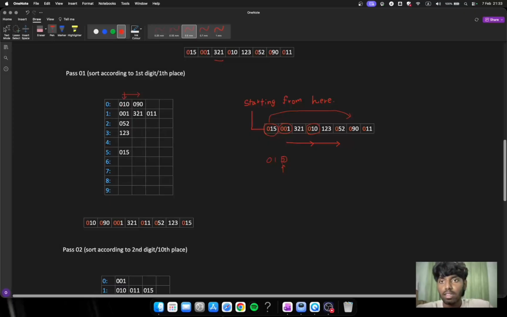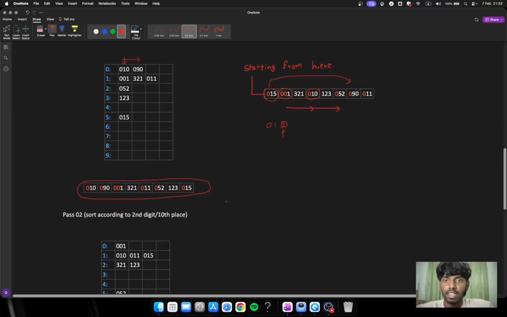Likewise we are adding these values to this array. So the 10 goes first, and then 90, and then 1, and then 121, and then 11, and then 52, and then 123, and then 15. So you can see we are done here.